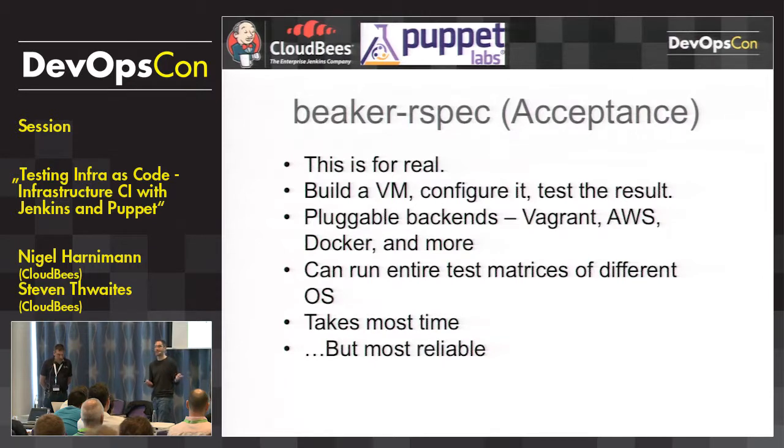That can be AWS, VMware, Docker, VirtualBox, Vagrant, whatever you like. Then it will bring your code down into that environment, run Puppet so it configures the system, and then run tests against the configured system to see, is the result really there? So you have a very, very high degree of confidence, if you have a clean test, that this is going to work for you out in production.